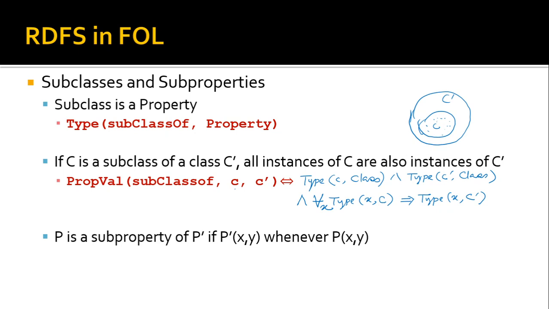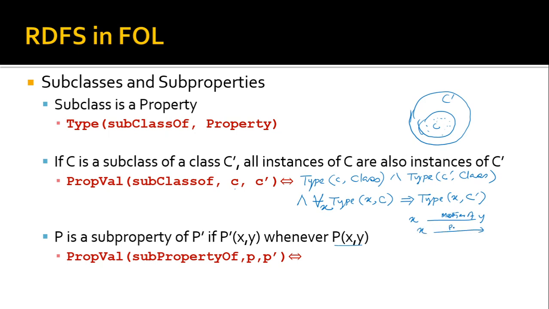Now how do you model the next thing? That is, P is a subproperty of P prime if you can infer P prime x y whenever you assume that P x y is true, right? So you have something like this. Say X is a mother of Y, right? And from this you can infer that X is a parent of Y, right?